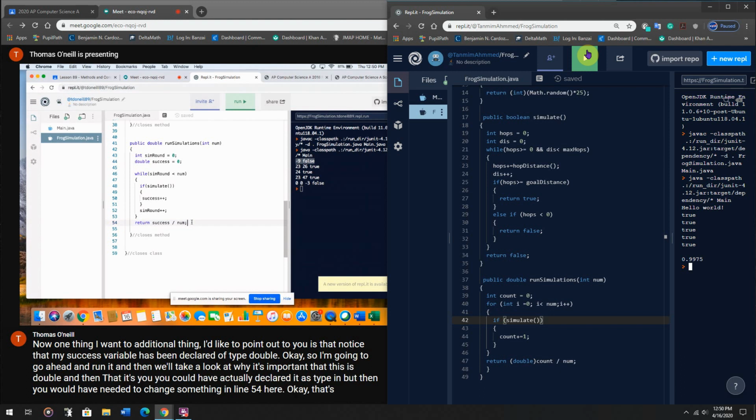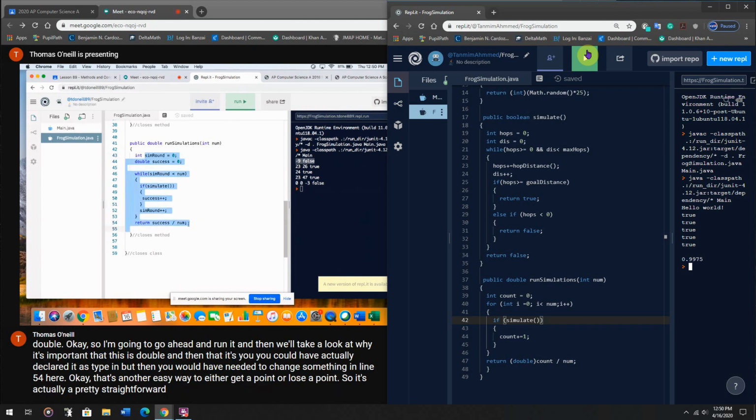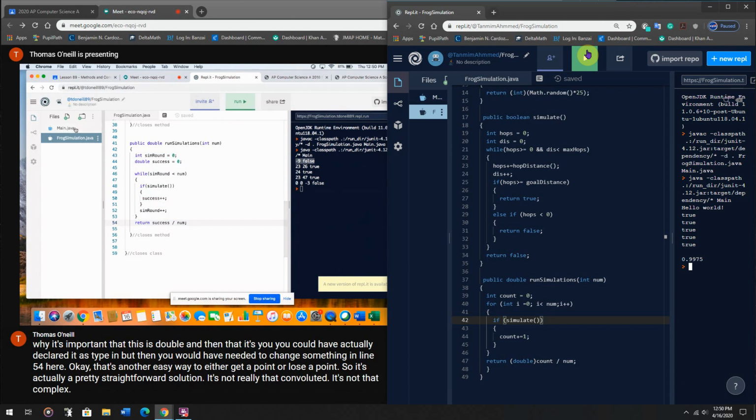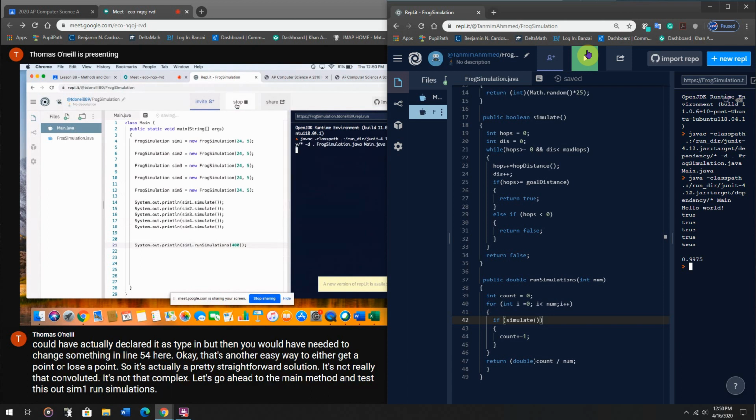That's another easy way to either get a point or lose a point. So it's actually a pretty straightforward solution. It's not really that convoluted. It's not that complex. Let's go ahead to the main method and test this out. sim1.runSimulations(400).